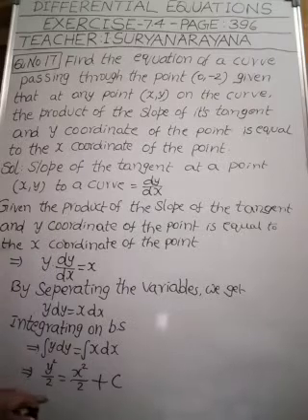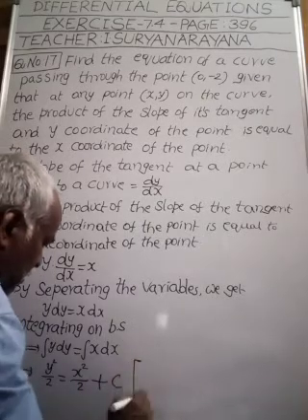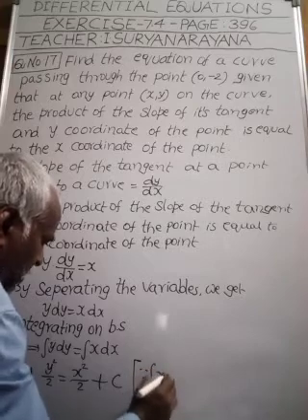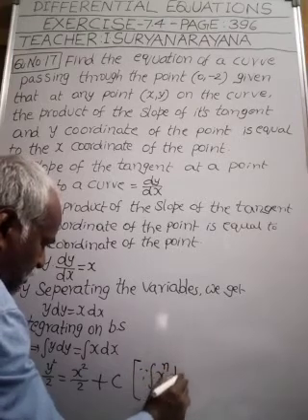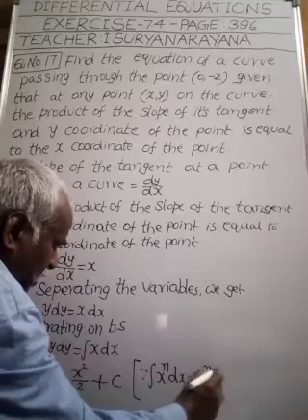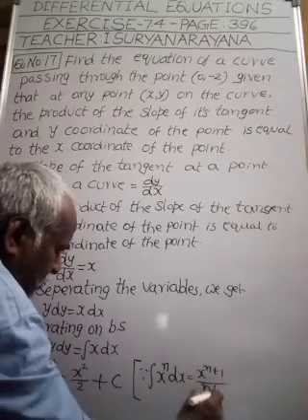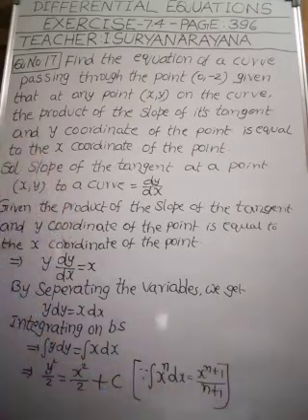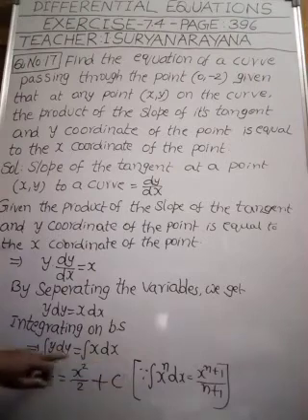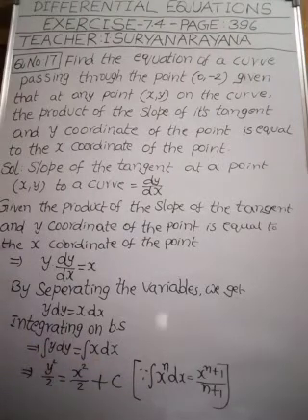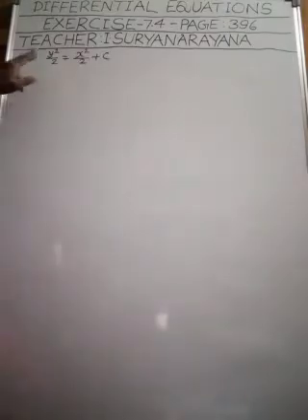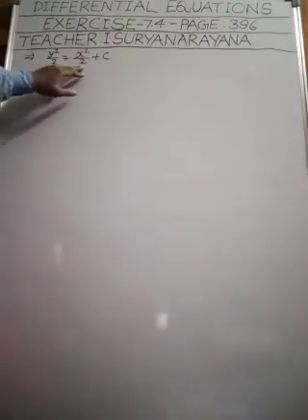Understood this step here, because integral x to the power of n dx is equal to x power n plus 1 by n plus 1. We used this formula for LHS and for RHS as well. Understood this step, my children? Right. I wrote the previous step again here. Okay, my children. This is the general solution of the given differential equation.